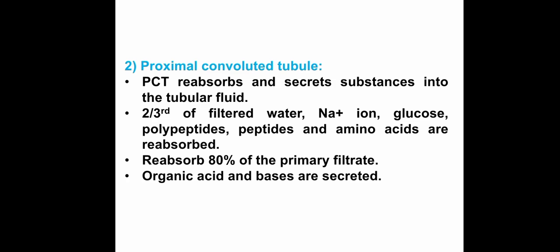Whatever water is filtered out from the blood, 2/3 of that filtered water, 2/3 of the sodium ion, 2/3 of the glucose, polypeptides, peptides and amino acids are reabsorbed back into the blood.